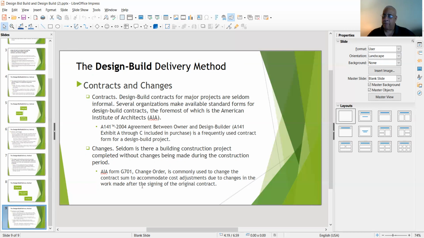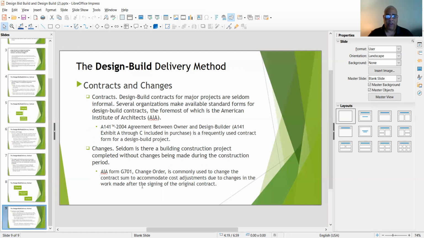Same language as you had with design bid build. And of course, the AIA gets involved with this process as well because there are forms. The A141 form, which is a 2004 agreement between owner and design builder. And that's a frequently used contract form for what we call a DBT, design build project.